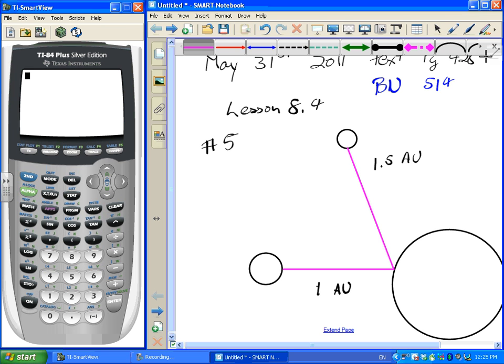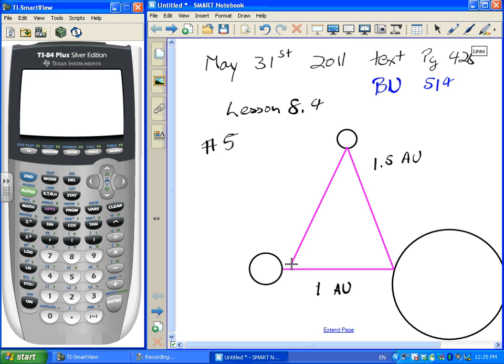So we complete our triangle. Where do I put my angle? It says it makes an angle of 68 with the Sun, so we're assuming from Earth we're looking at both Sun and Mars. So the angle is 68 degrees here.